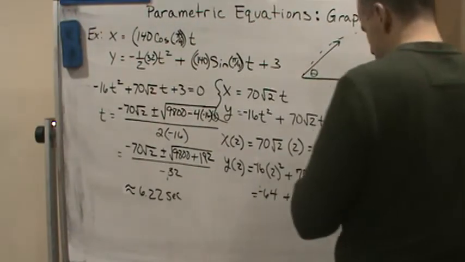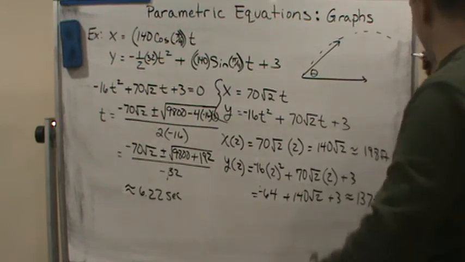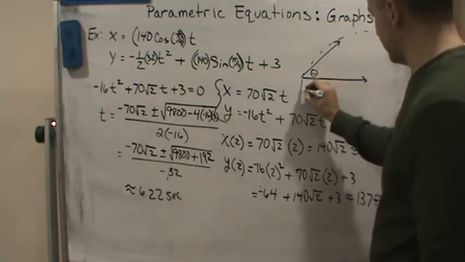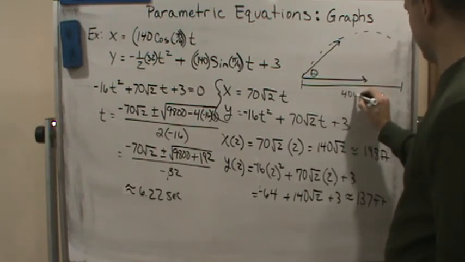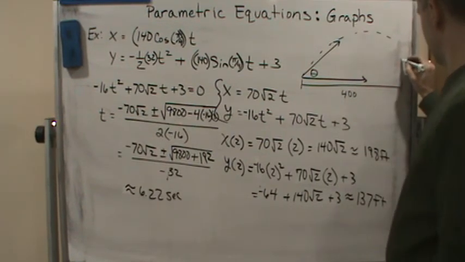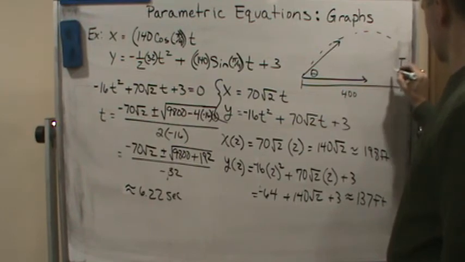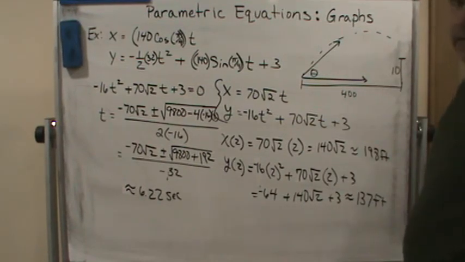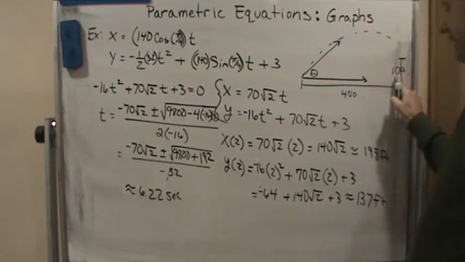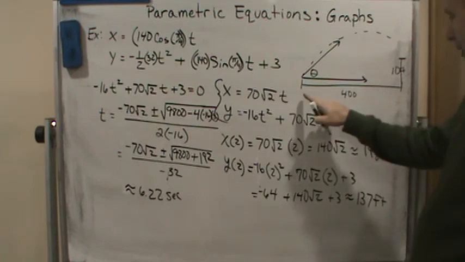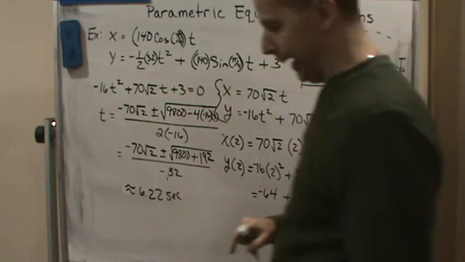So in order to have a home run at 400 feet away, the ball has to be at least 10 feet above the ground when it's 400 feet away.